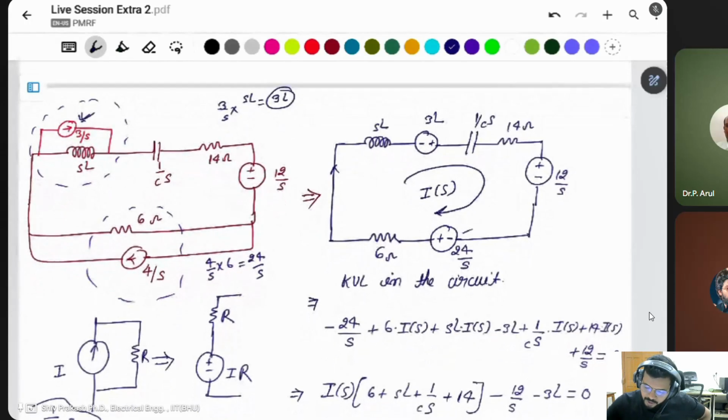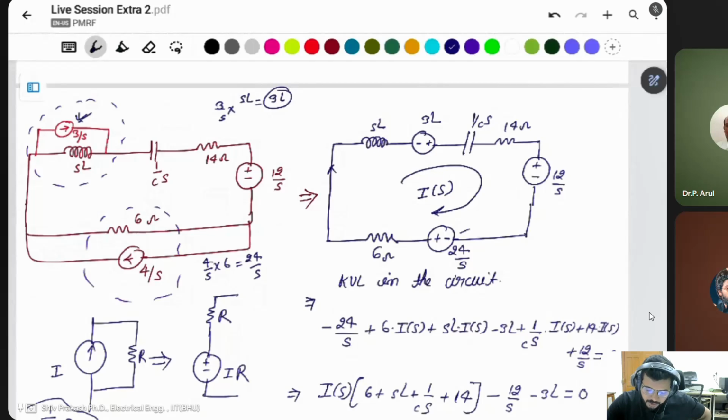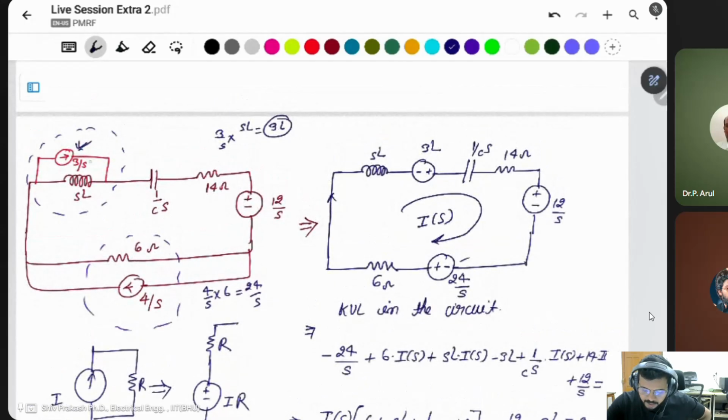Same thing, if you want to solve this, you have to make the circuit the same in time domain and then solve in time domain. It will take some more time, because here the inductor and capacitor both are present.